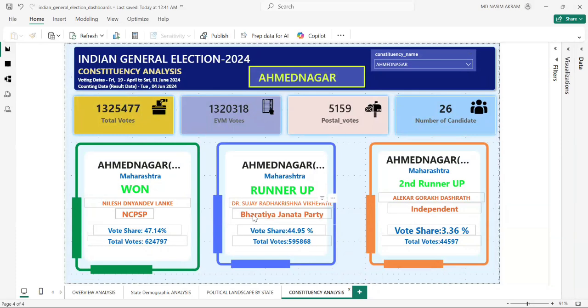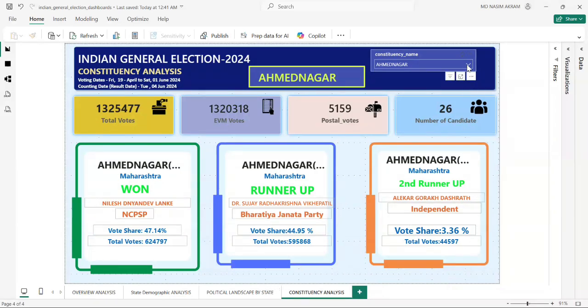The runner up is from the BJP party, and the second runner up is independent, not from any party.